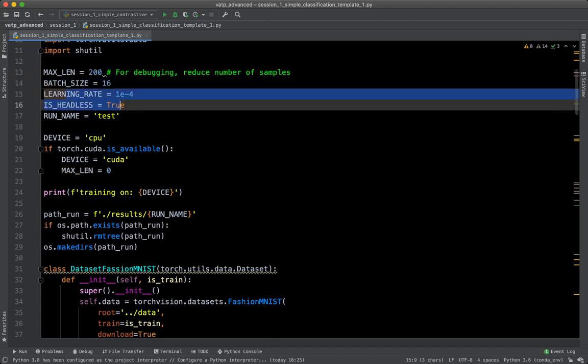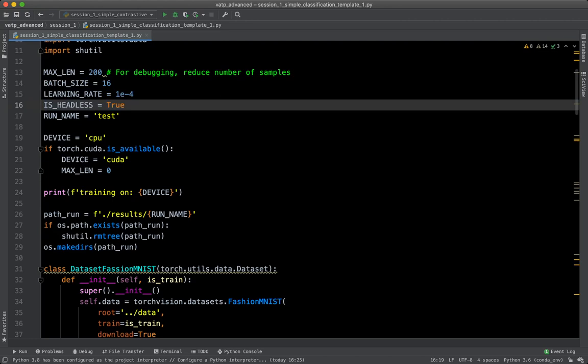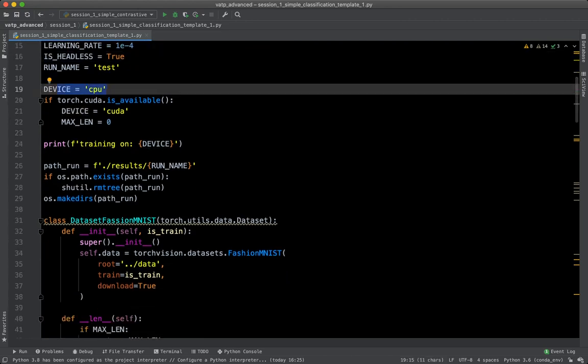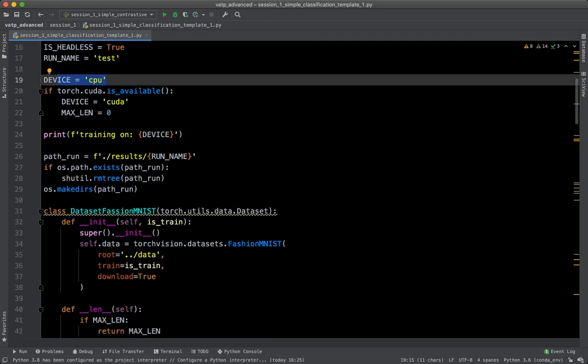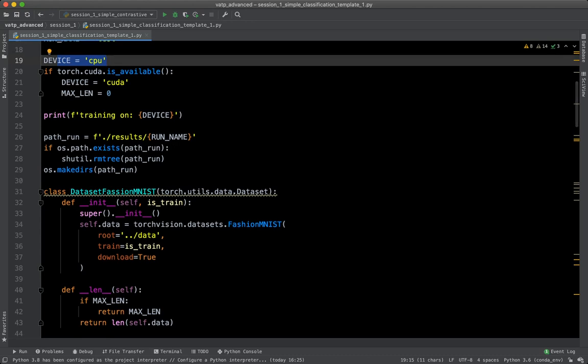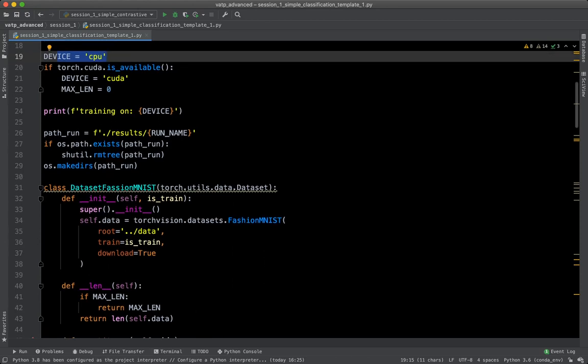The idea of headless is that I don't want to display plots immediately on my screen; I want to save them as images. Then I check if this is CUDA, and then I assume that this is not my machine where I work with the debugging, and I want to run the whole training. Here I also have some part for creating the folders for storing the results. In this case, results are just very simple images for the accuracies, the train and test losses, and stuff like that.